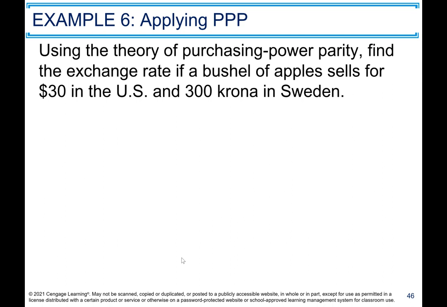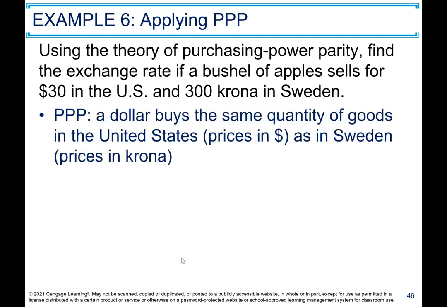Example 6, applying PPP. Using the theory of purchasing power parity, find the exchange rate if a bushel of apples sells for 30 US dollars in the US and 300 krona in Sweden. Under PPP, a dollar buys the same quantity of goods in the United States, prices in US dollars, as in Sweden, prices in krona.